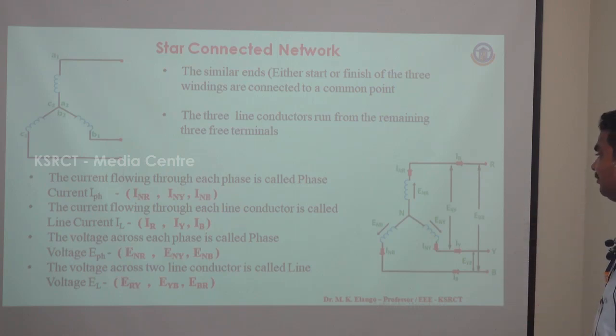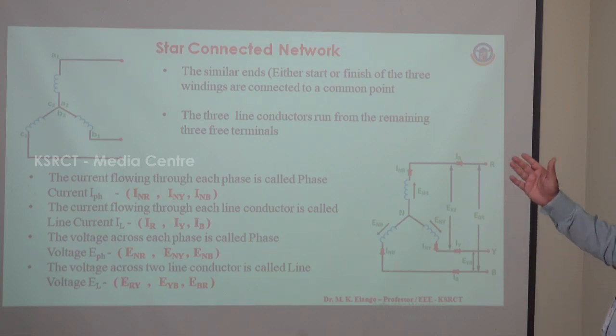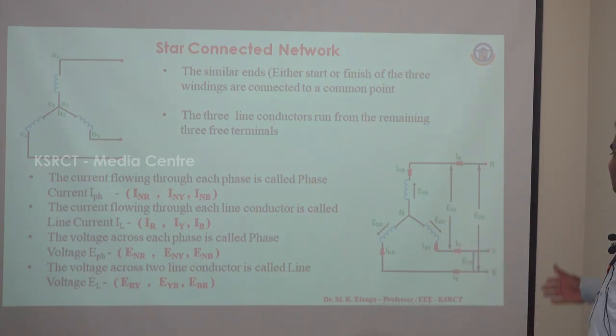From this diagram, I_NR is the current which flows from neutral to R phase, and I_NY is the current which flows from neutral to Y, right? These flow through the phases, that's why they are called phase currents. Then I_R is the current flowing through the R phase line, I_Y is again a line current, and I_B is a line current.